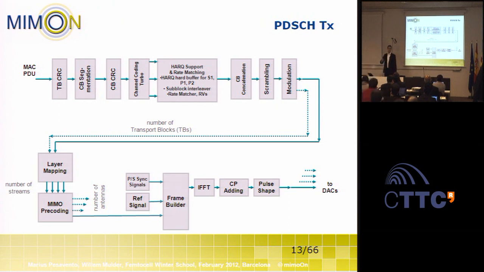If the transmission was not successful, then a not acknowledgement will be received from the user equipment. And from this circular buffer, a different version of bits will be transmitted, which will be merged at the receiver with the initial transmission to hopefully detect the transmitted package correctly.